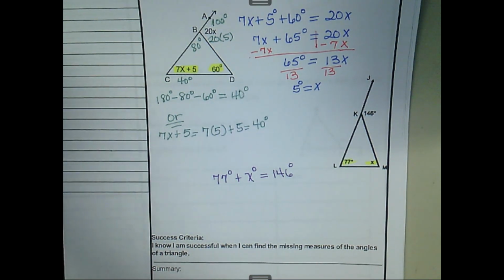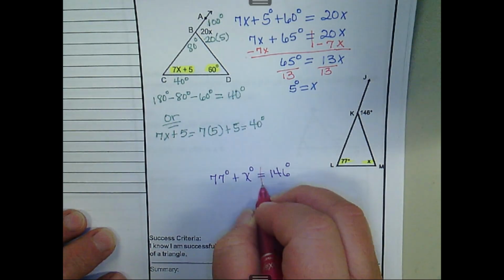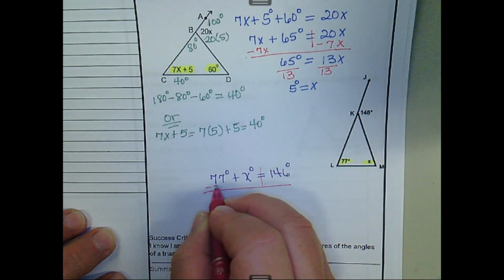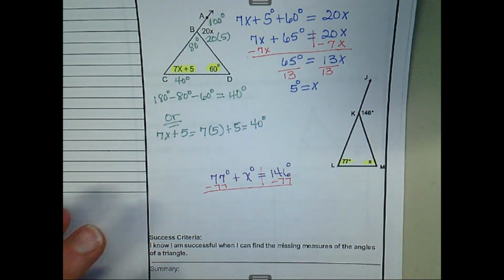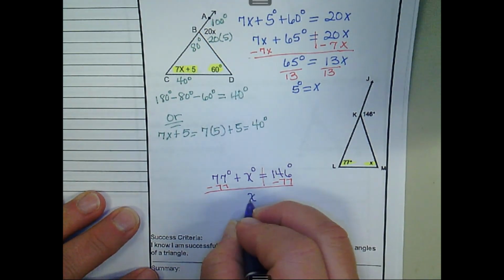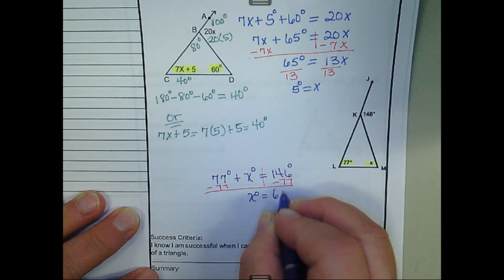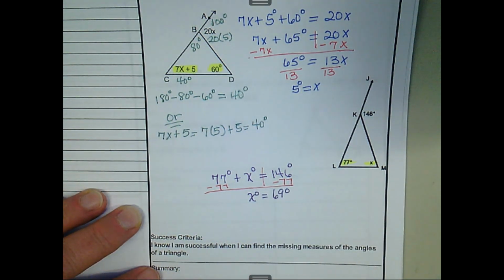Subtract 77 from both sides. X degrees is equal to 69 degrees.